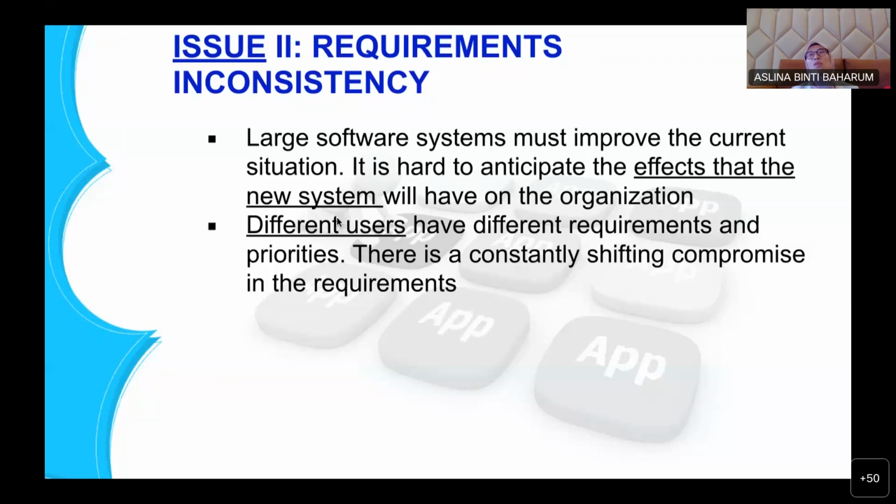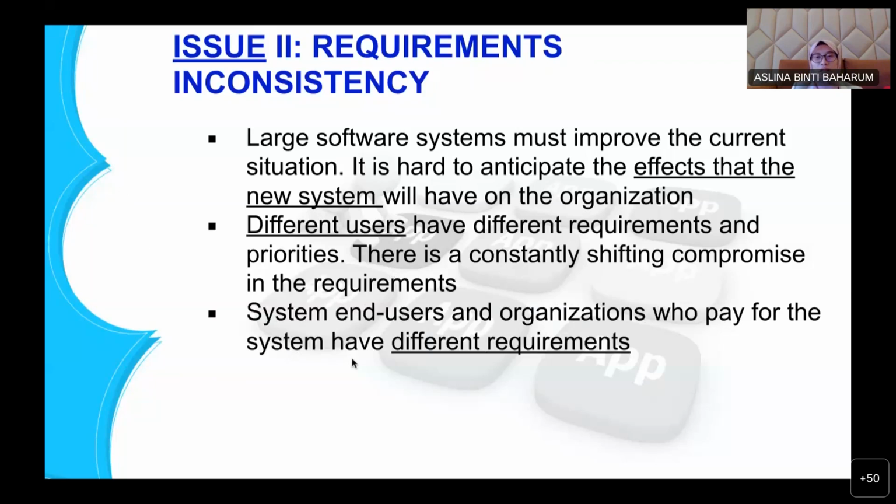But on grocery it is different. It can be on groceries of snacks, or grocery on cooking materials, right? So different users, okay, different users and different purposes might have different requirements and priorities, okay.